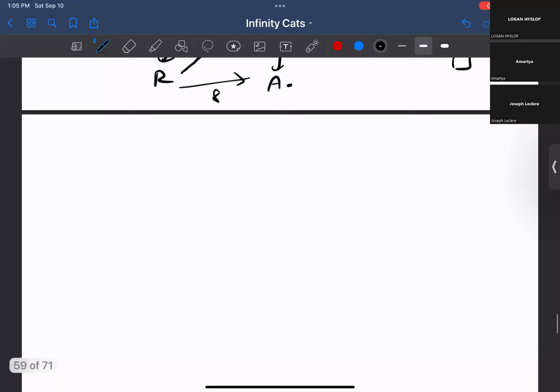All right. Now we have a lemma. Let me check my notes because I'm not going to remember which way the unit and counit should be otherwise.